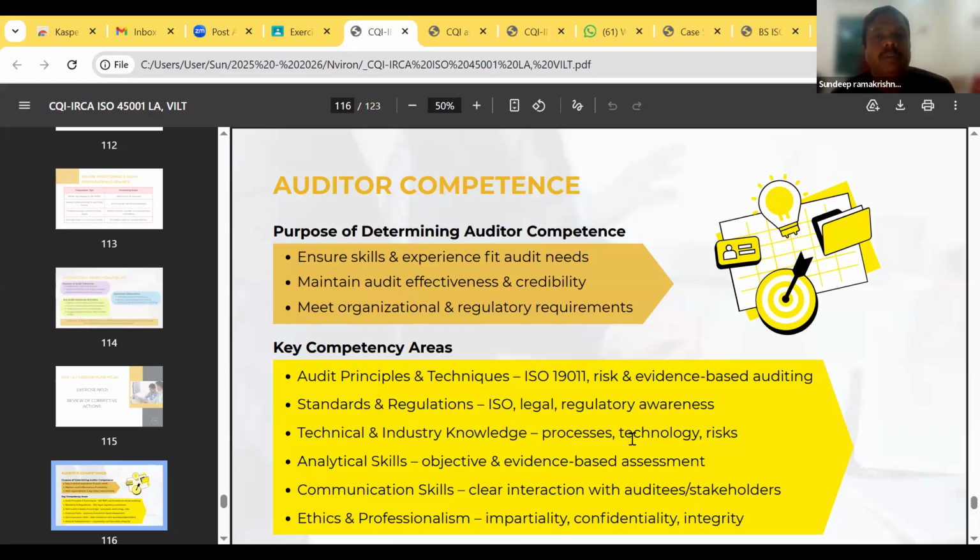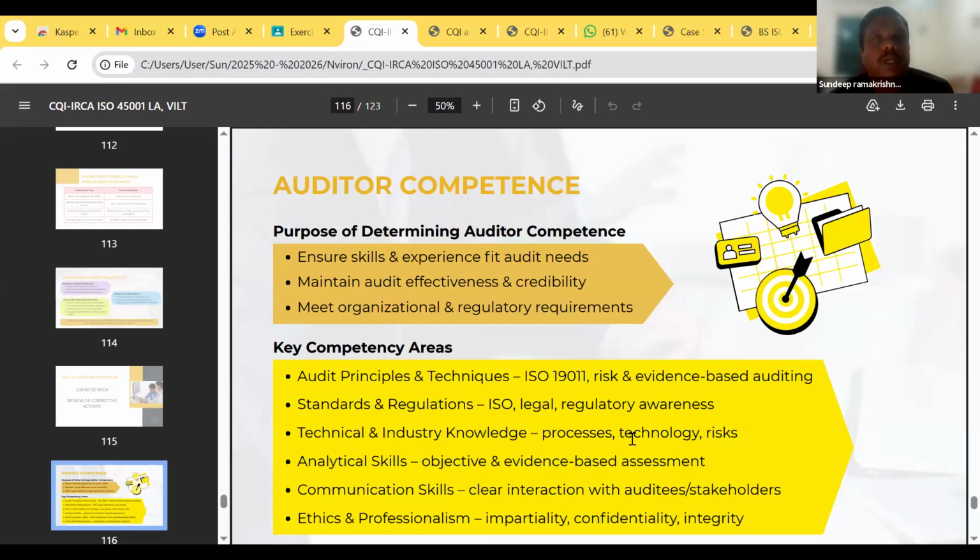And you should have the ability to analyze evidence objectively and make assessments based on evidence. This is a skill which all of you need to groom in yourself. See, we showed you those many case studies, right? Non-conformities, and each one of you can interpret a requirement in a different way.